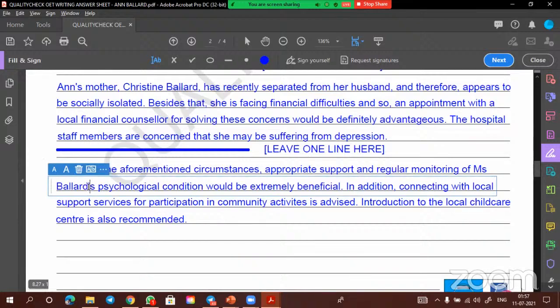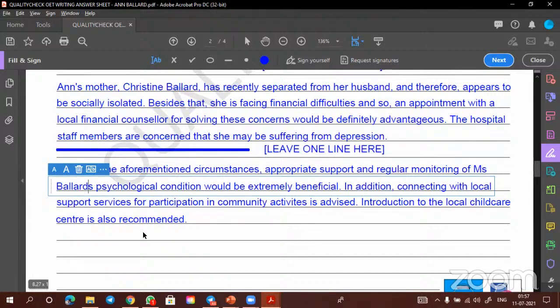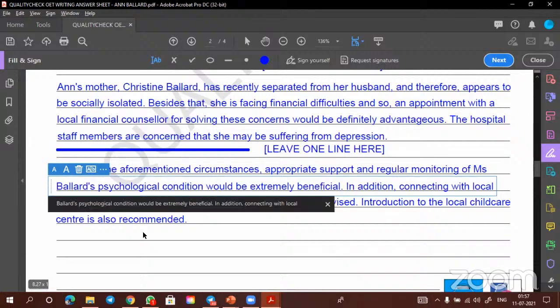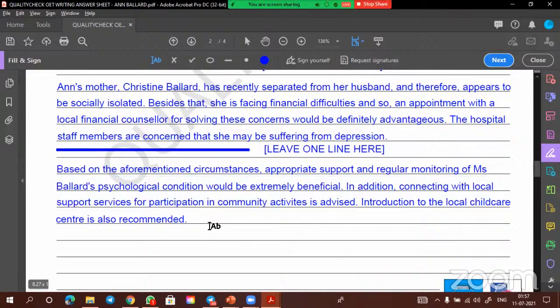Or else you can change it like this: appropriate support and regular monitoring of Miss Ballard would be extremely beneficial to improve her psychological condition. Like that also you can say. So alternatively, different things. Let it be like that. You can change afterwards. Introduction to the local child care center is also recommended.